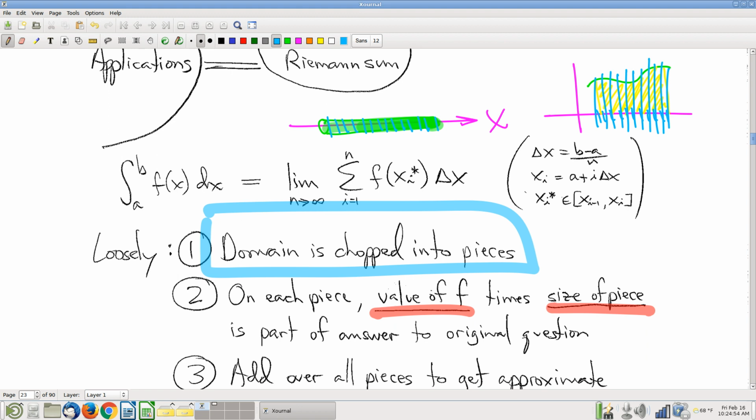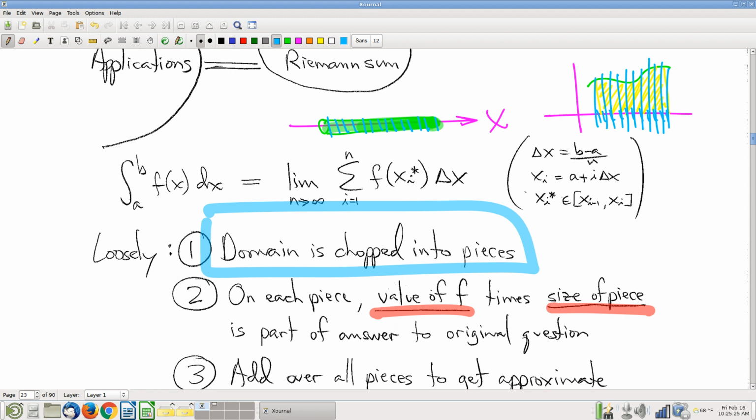So what this function is, this f, the integrand, depends on the application you're working on. If you're computing mass, the integrand is density. If you're computing area, the integrand is height. So you've got to think it through, and don't try to get in your mind that this f always has the same interpretation. It doesn't. This f depends very much on what it is that you're applying this integral construction to.